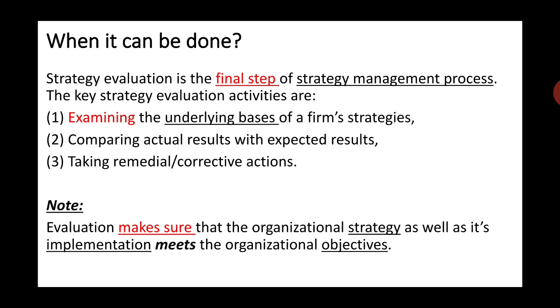Number 1, examining the underlying basis of a firm's strategy. It's looking at the main things you have in the organization as a base for forming those strategies. Number 2, comparing the actual results with expected results. Therefore, we say it's a final step: what happened and what was expected by the end.